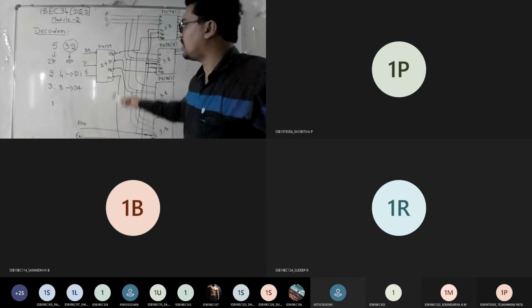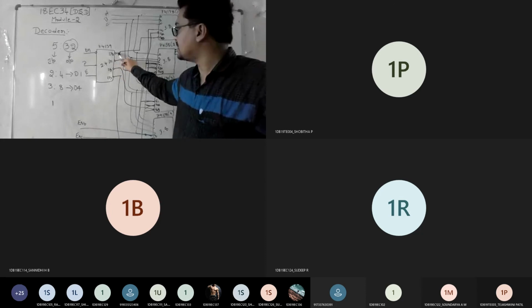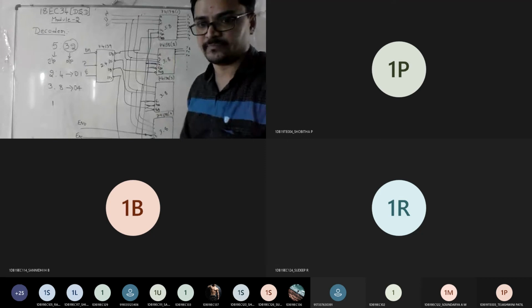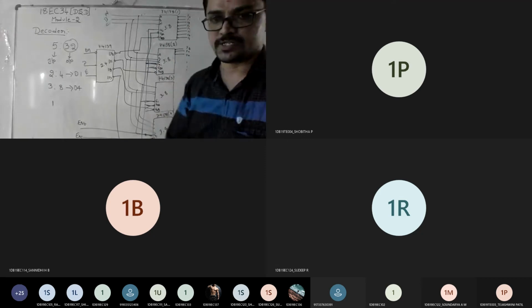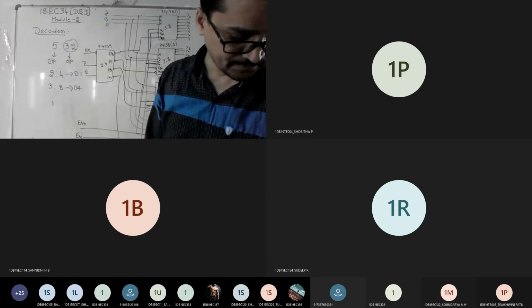So what was left out was the output of your 2:4 decoder. This is acting as an input for your G2B, G2B, G2B, G2B, and the remaining outputs. That's all. No other connection. So just make a rough sketch.